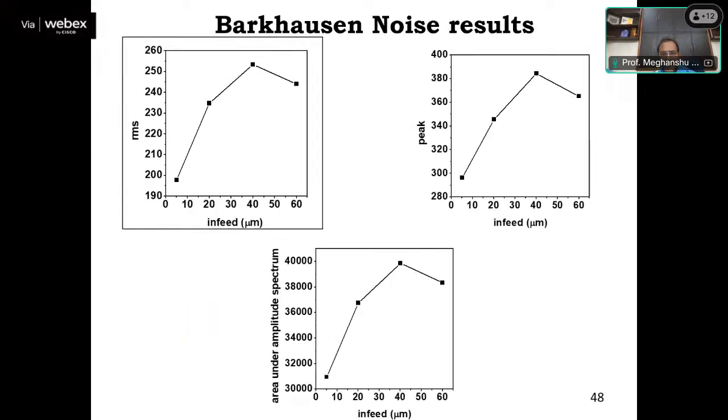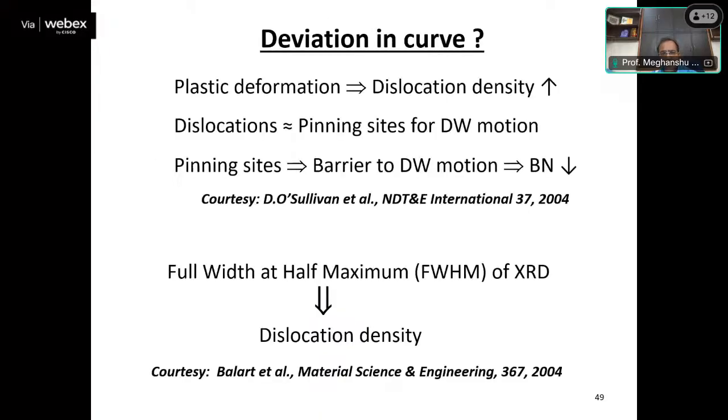This is the Barkhausen noise curve with the same grinding parameter like in feed, and you can see RMS value, peak value, and area under the amplitude spectrum. But here the graph is increasing to some point and then it is decreasing. Why this deviation in the curve? Because dislocation density has increased in larger quantity.